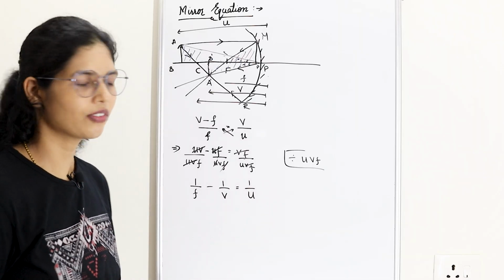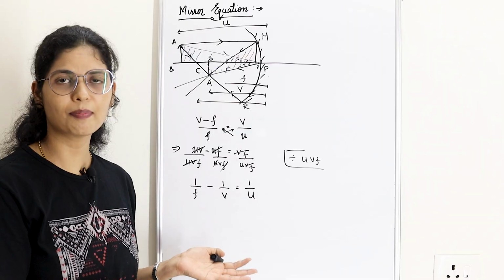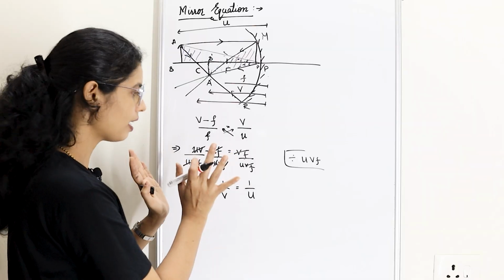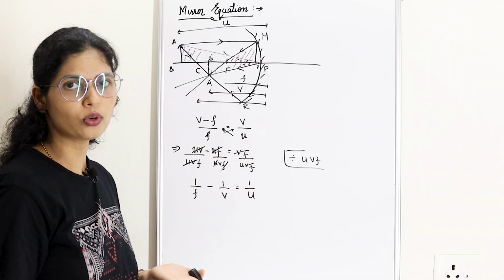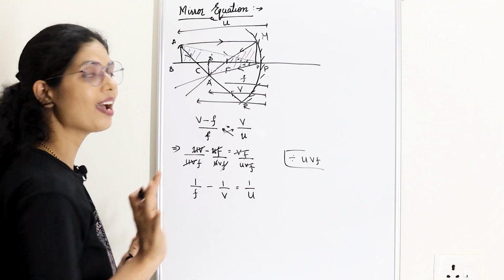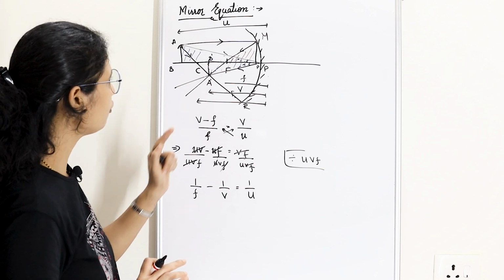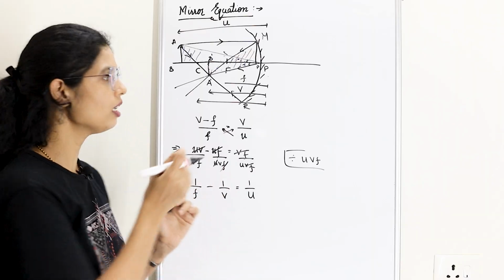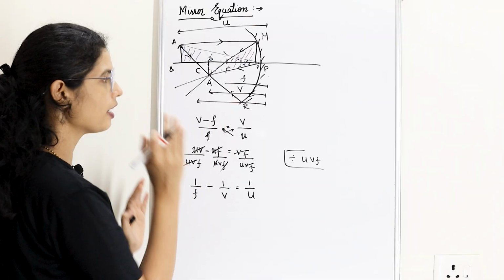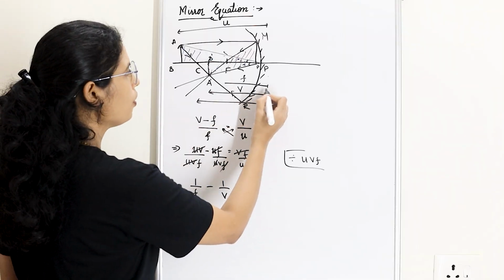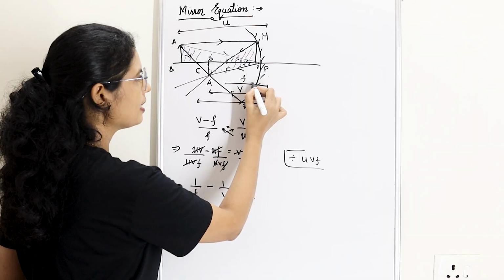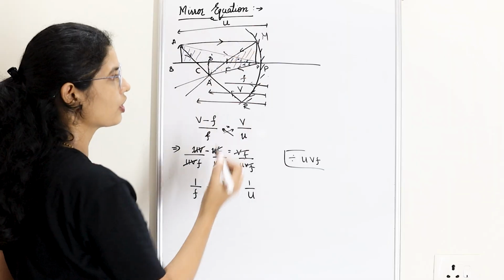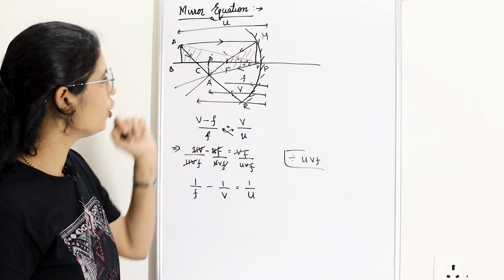Now apply sign convention. Okay, you can apply sign convention earlier too, but it can be a bit confusing, so at the end, after finding the result formula, you can apply sign convention. So I will apply sign convention. Focal length, if you look at the focal length, what does sign convention say? The direction of the values, focal length, from where do you see the direction? From the pole. Pole to principal focus is focal length. So this is the direction of the distance. Is it in the same direction as that of incident light? No, it is opposite.